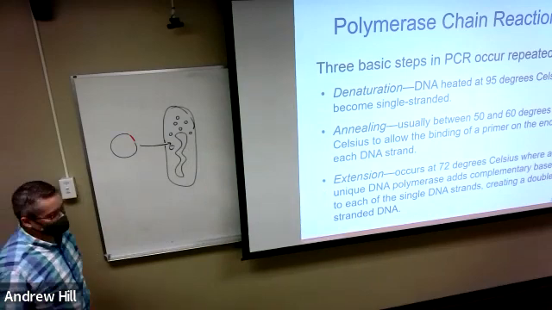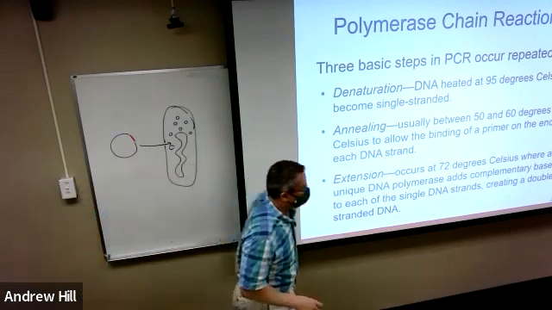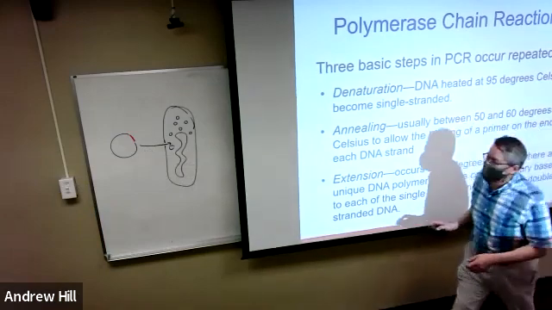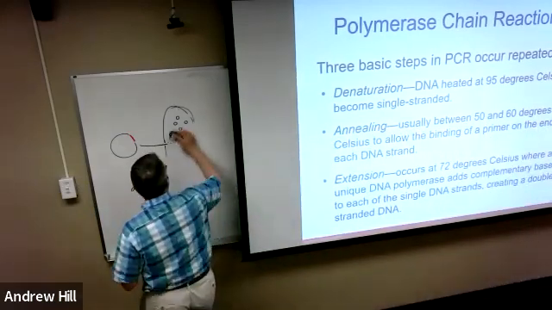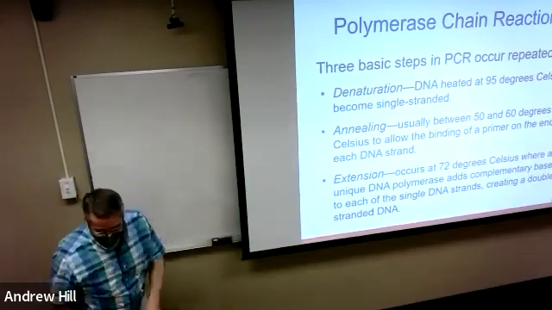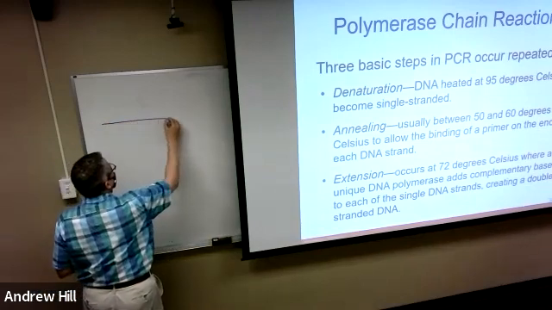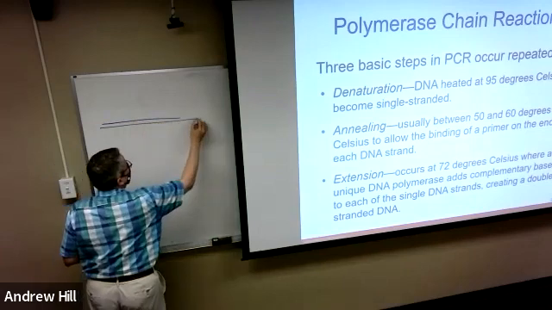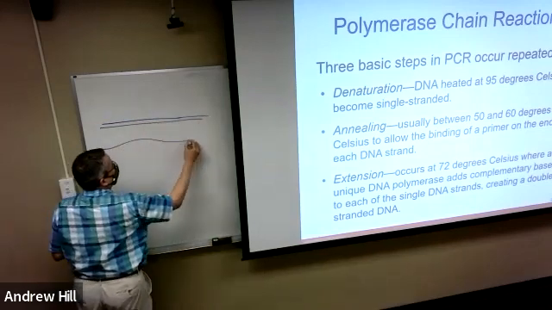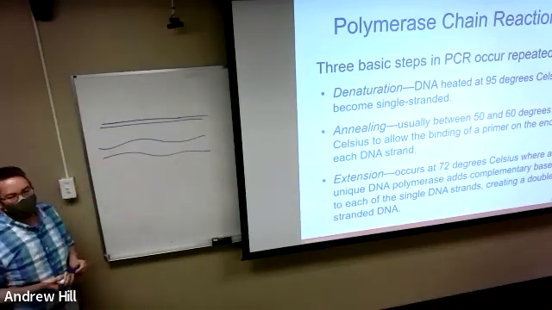So the first step in a PCR reaction is to denature the DNA. We talked about denaturing proteins before, right? Essentially altering the nature of the molecule. So what that means for DNA is, I'm not going to draw it as a helix, but it's normally like this, right? It's a double strand. When you denature something, it'll come apart, and you'll have single-stranded DNA.